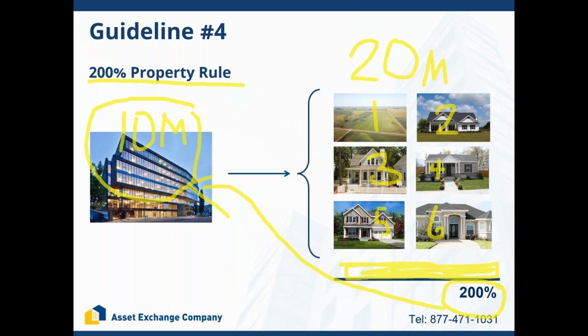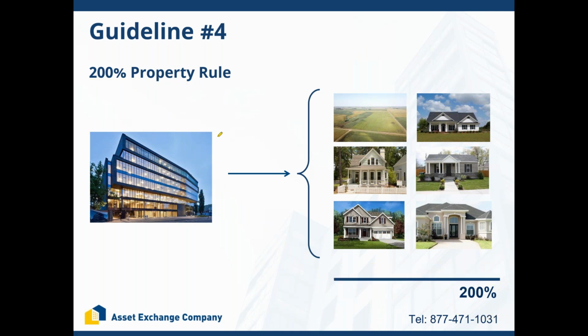So for those people who are selling very expensive properties, the 200% rule may work very well. For people who are selling in California and buying in Texas, where Texas property is really, really cheap, and you can still get something for $100,000, the 200% rule might work well. So those are your options.